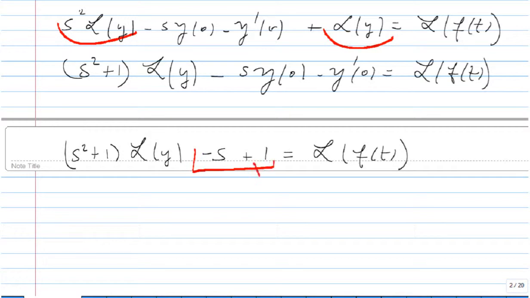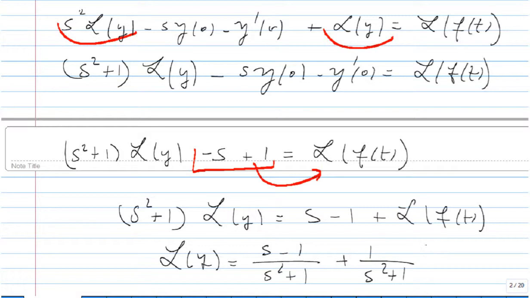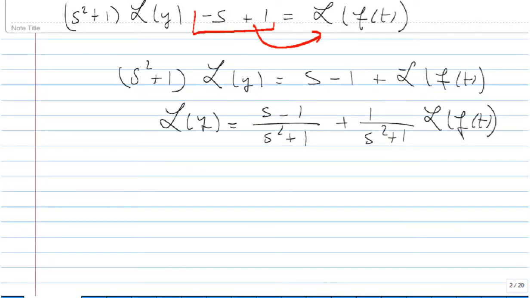Next, we move this term to the right-hand side, and this will give us s squared plus 1 Laplace of y equals s minus 1 plus Laplace of f of t. Finally, we divide by s squared plus 1. We get s minus 1 over s squared plus 1 plus 1 over s squared plus 1 Laplace of f of t. So before we proceed, we need to find Laplace of f of t.